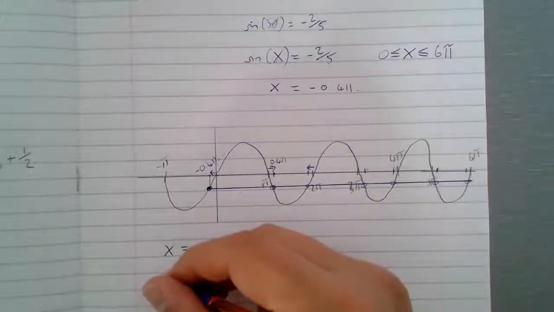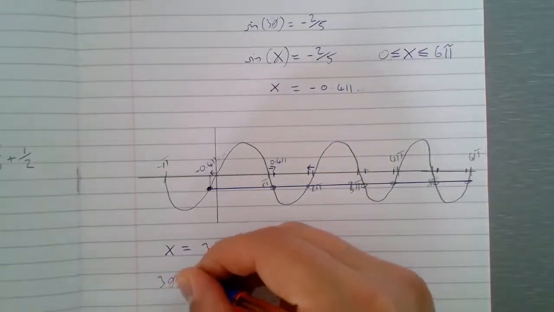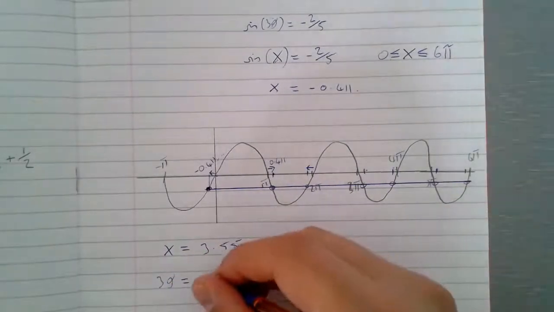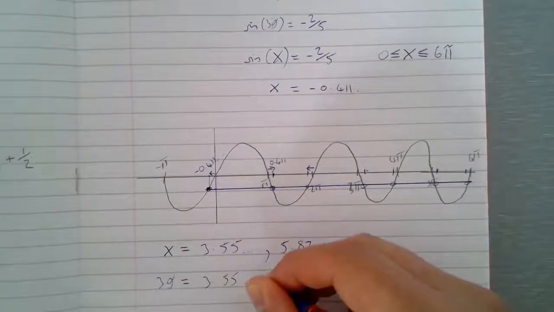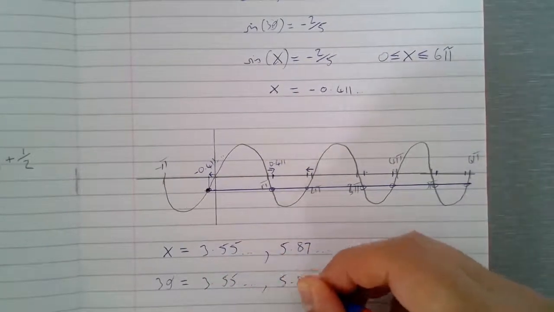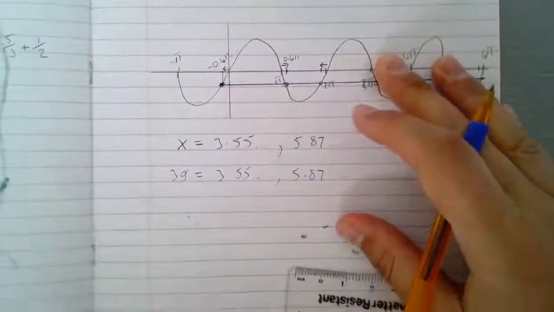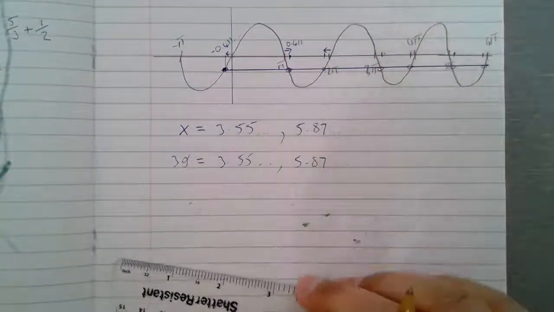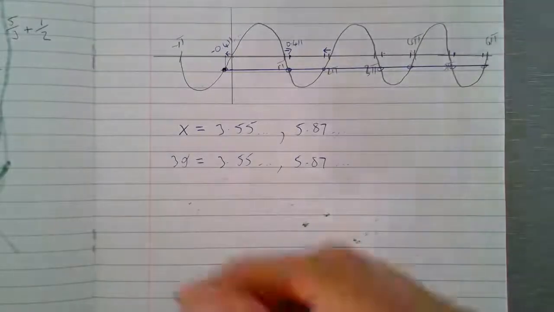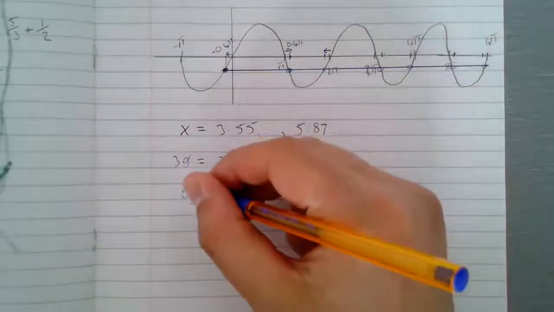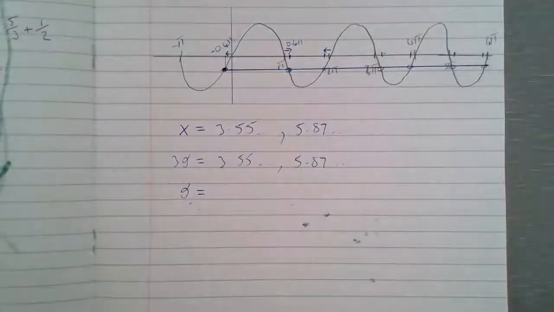That's what x equals, and x is 3 theta, so 3 theta equals these things, 3.55, 5.87. But I don't want 3 theta, I don't want x, I wanted to find out what the solutions were for theta. So I now need to divide by 3. I've still got 5.87 in my calculator, so I'm going to do that one first.